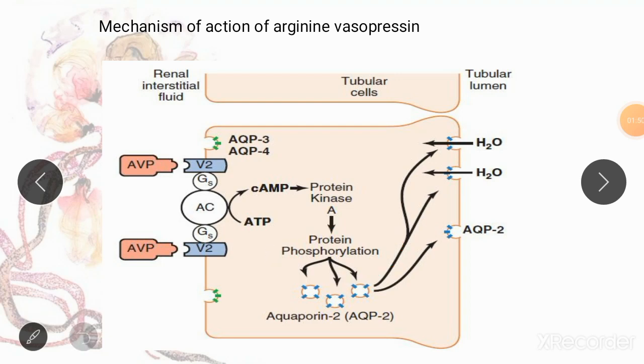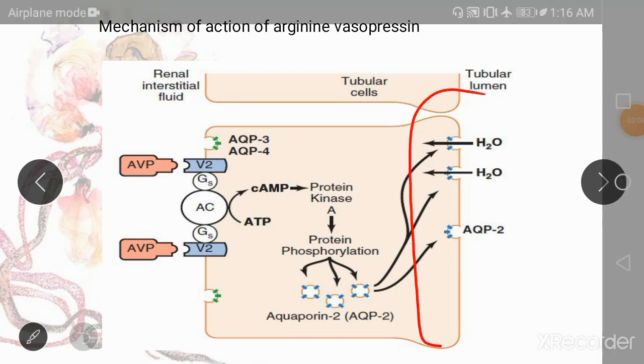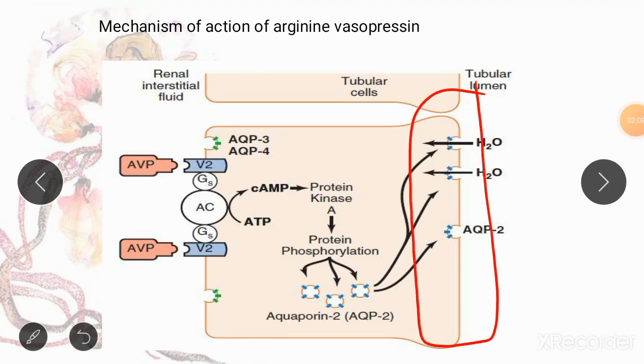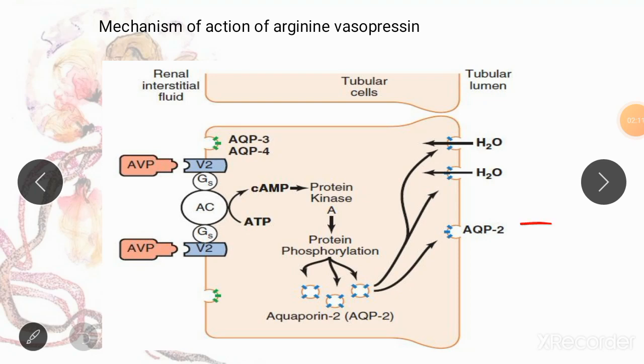As a result, there is production of aquaporins, which are basically channels which allow water to pass through them. These aquaporins, which are known as aquaporin 2, are incorporated on the luminal side of the renal epithelial cells, and they act as channels to allow water to enter from the lumen of the nephron into the renal epithelial cells.